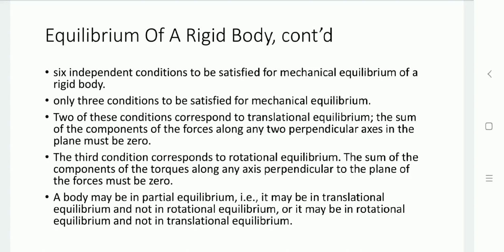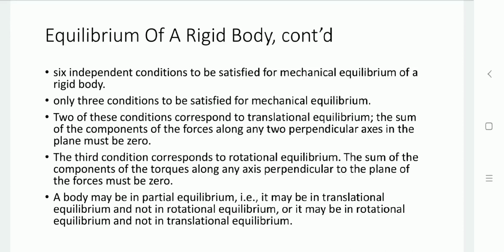2 of these conditions are based on translational equilibrium, that is, the sum of the components of force along 2 perpendicular axes must be 0. And the third condition is related to rotational equilibrium, in which the sum of the components of the torques along any axis perpendicular to the plane of the forces should be 0.